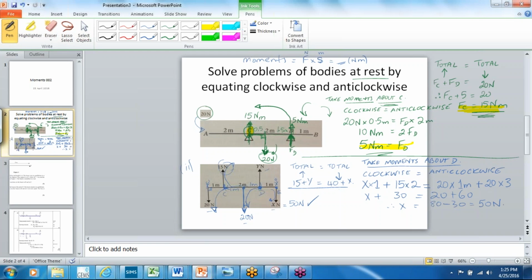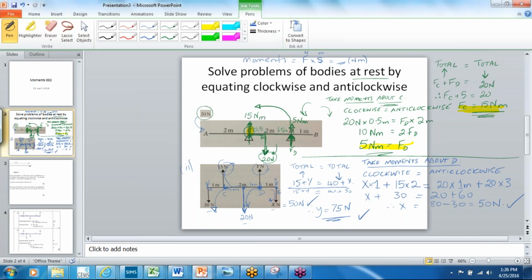So we've got 50 down, 20 down, 20 down, 15 up, therefore what will Y equal? Remember, 15 plus Y will equal 40 plus X. Now we know X is 50. So we've got 90 down and 90 Newtons up, therefore Y will equal 25 Newtons.